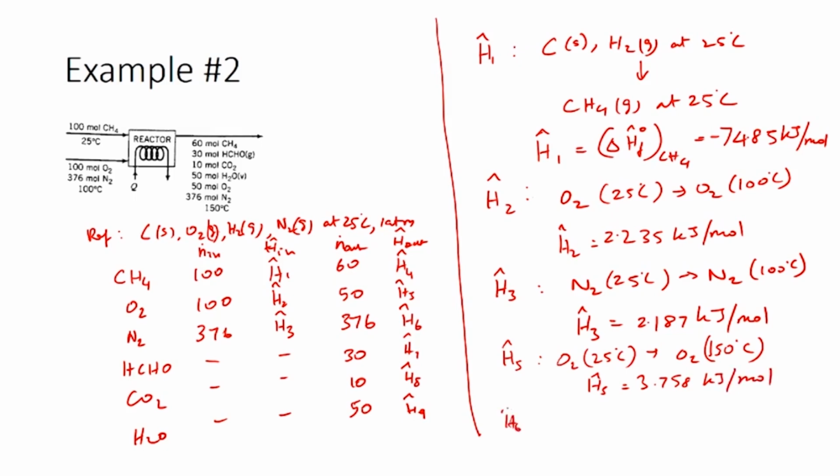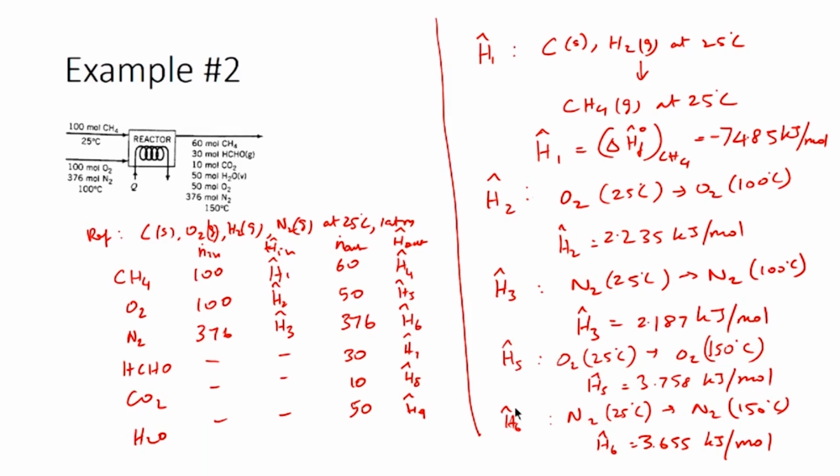And you have H6 cap, which would be nitrogen at 25 degrees Celsius being heated to nitrogen at 150 degrees Celsius, which is the exit condition. This would be H6 cap equal to 3.655 kilojoules per mole. So, the values H2 cap, H3 cap, H5 cap and H6 cap can actually be obtained from the specific enthalpy table for combustion gases.